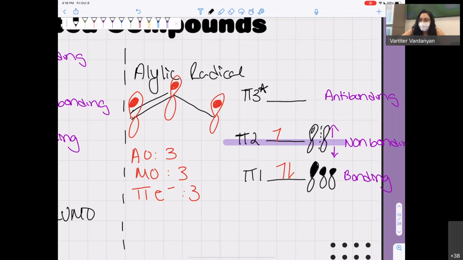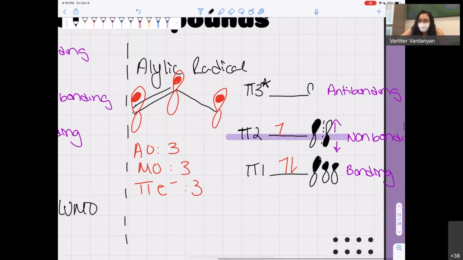And what's kind of special about that is in the anion, cation, and radical, the one in the middle is going to disappear because it turns into a node. Don't worry about that too much. It's just there to help conceptually. If it doesn't make sense, don't worry too much about it. They don't really test on it. All you need to know is as you go up in energy levels, you create nodes.